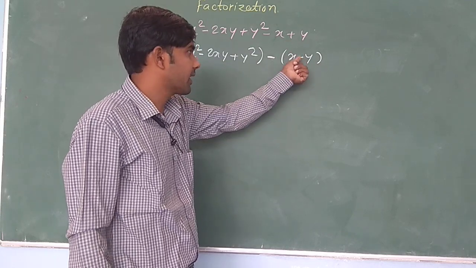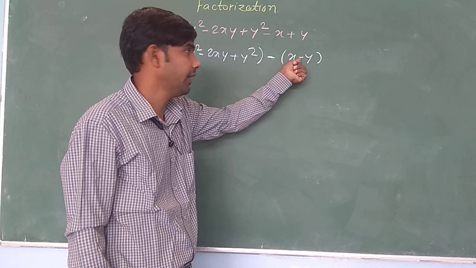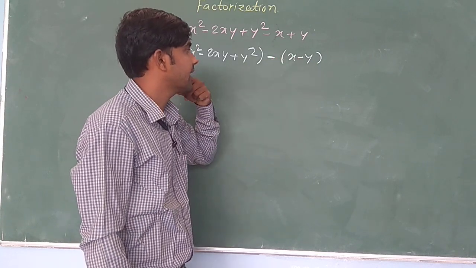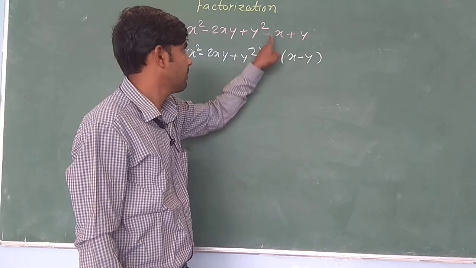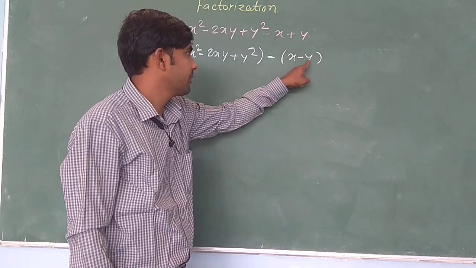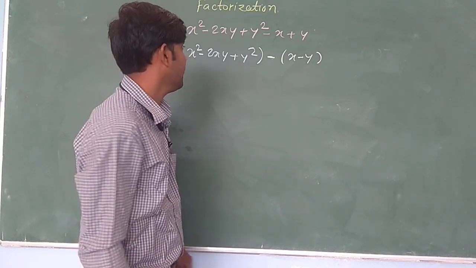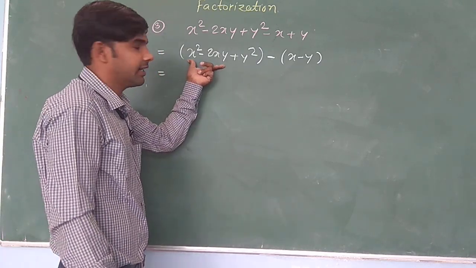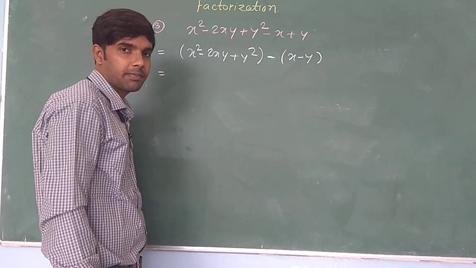That's why this plus becomes minus. When we remove the bracket, the simplification is like this: plus x becomes minus x and minus y becomes plus y. Got it?